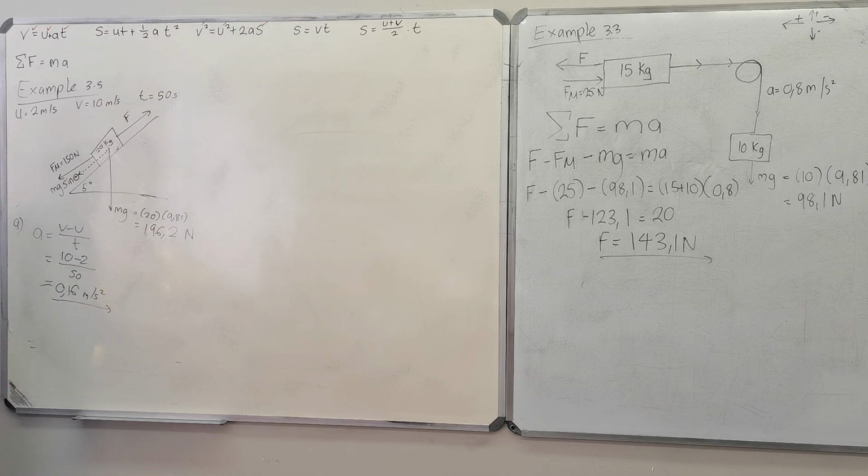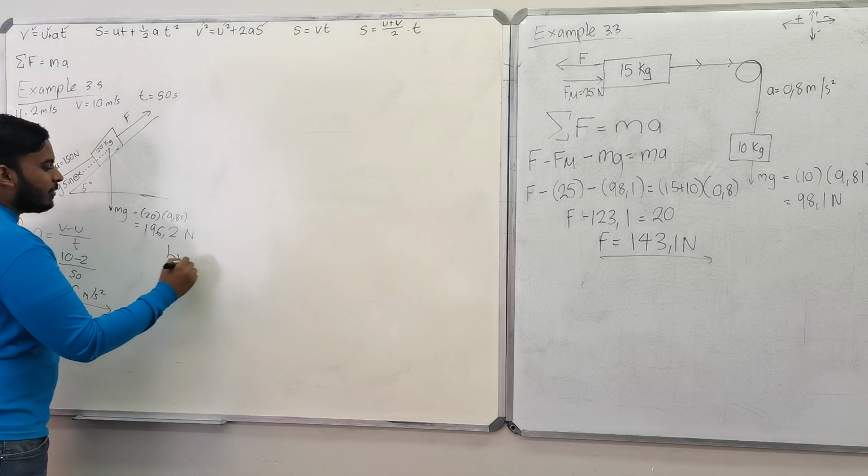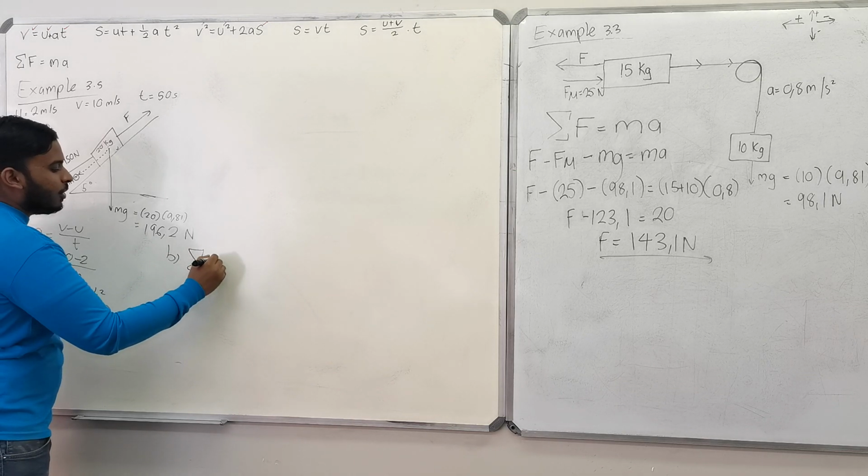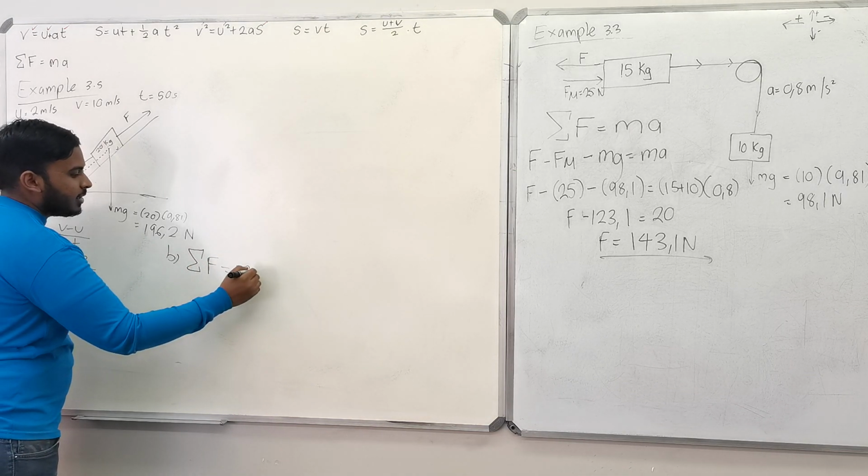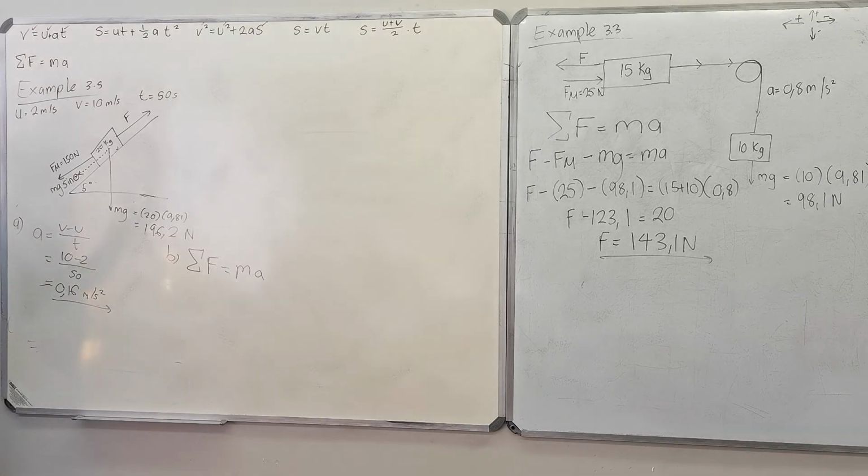Then they ask you to work out the magnitude of the force that causes the acceleration, which is your applied force. So, because they said force, we'll have to use the sum of the forces equal to mass times acceleration. How many forces act on this? 3. What are the 3? Frictional, gravitational, and applied force.